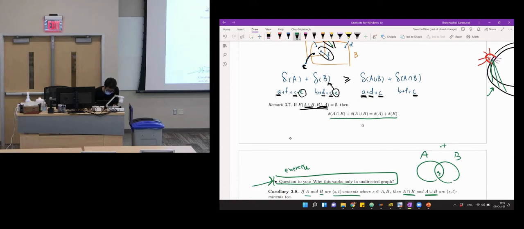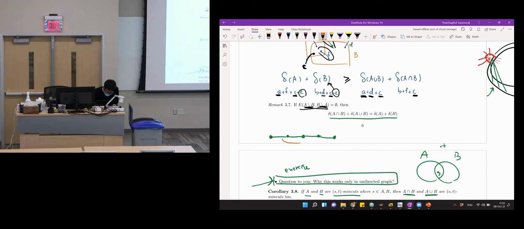So maybe let me try. Maybe how about this kind of graph? I'm just trying right now too. So let's see.